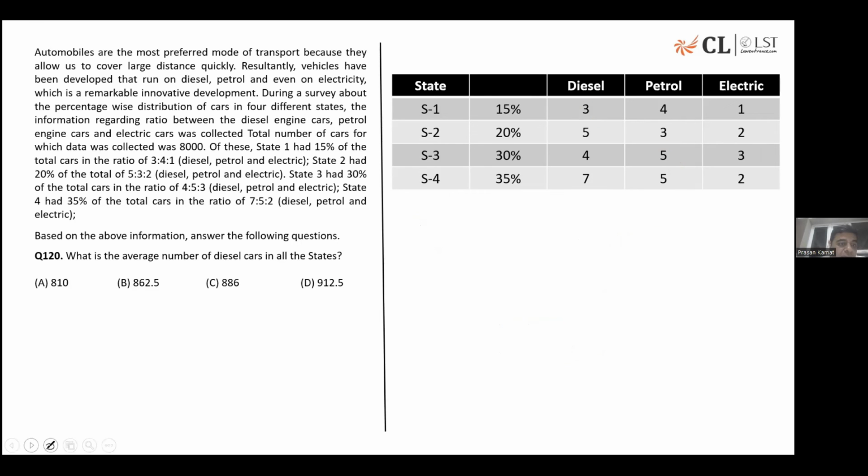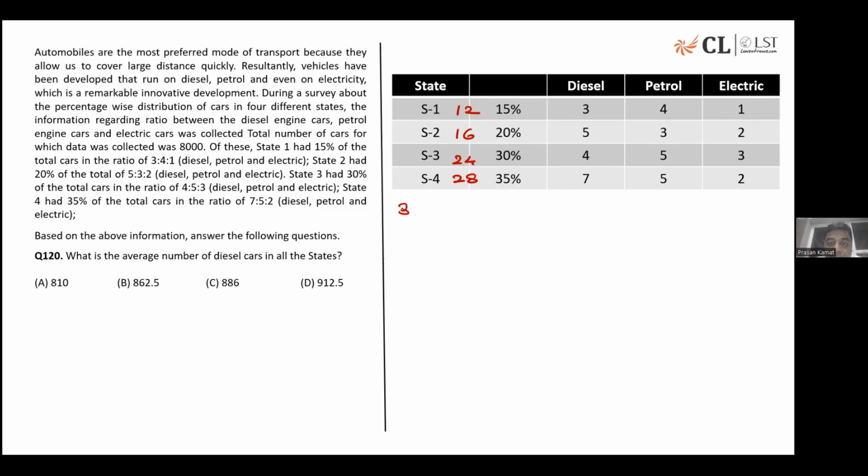Let's look at the last question. This was the average number of diesel cars in all the states. Again, a little time consuming. Average would be total divided by number of states. So let's look at the diesel. By the way, again, this was 1200. This was 1600. This was 2400. This was 2800.